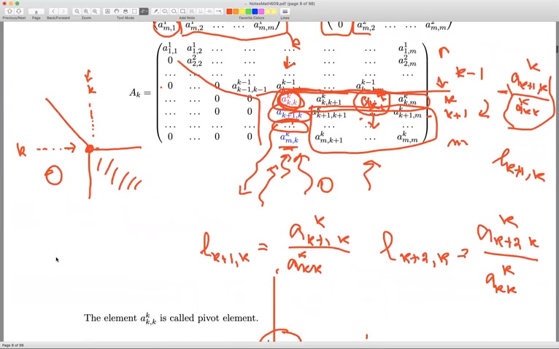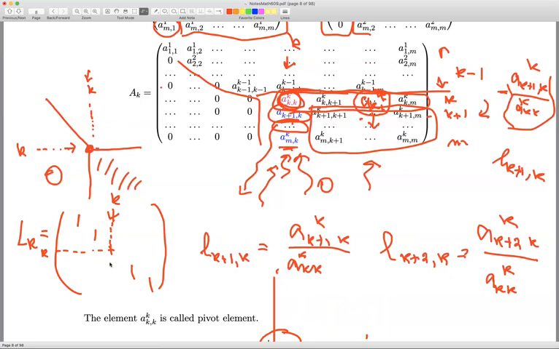Now, what we do is we construct the matrix LK the following way. We write identity matrix everywhere. And then we look at the column k. The column k will hit the identity where this is the row k. And then what we have here is row k plus 1 after the row k, and so on.